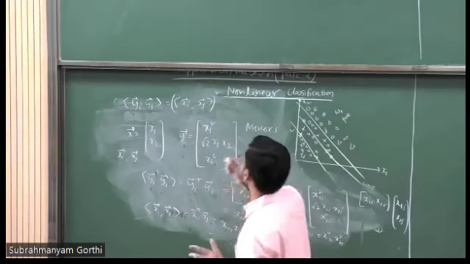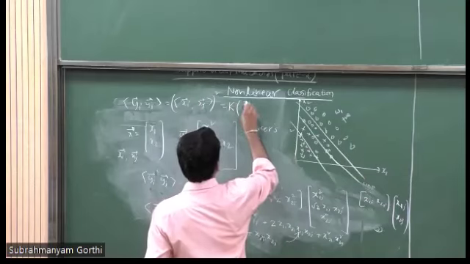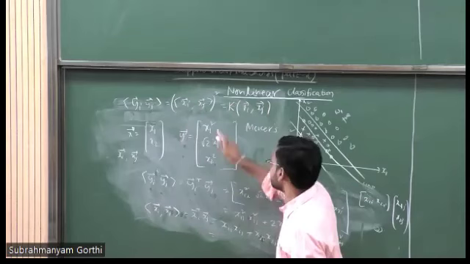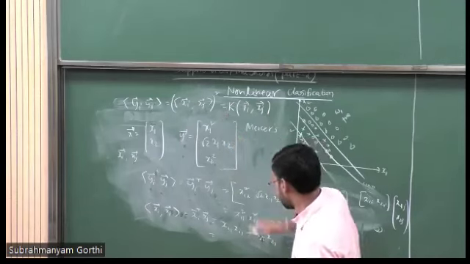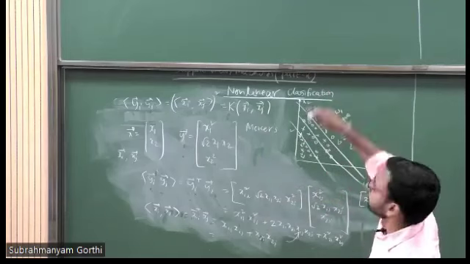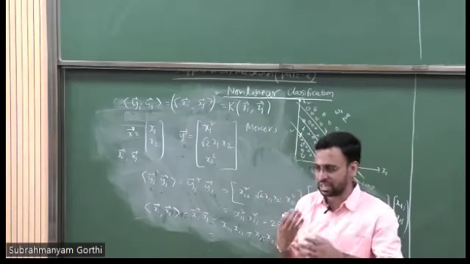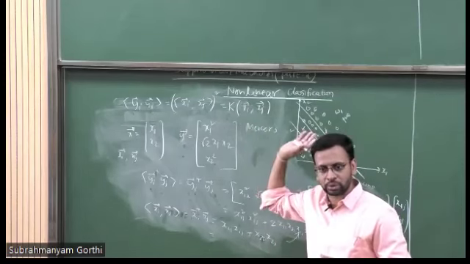Only thing you will do is use a kernel of x on xi bar and xj bar. This kernel could be a polynomial kernel, where, as I have written there, all combinations of xi bar, xj bar, you take whole power 2, 3, 4, you can go.